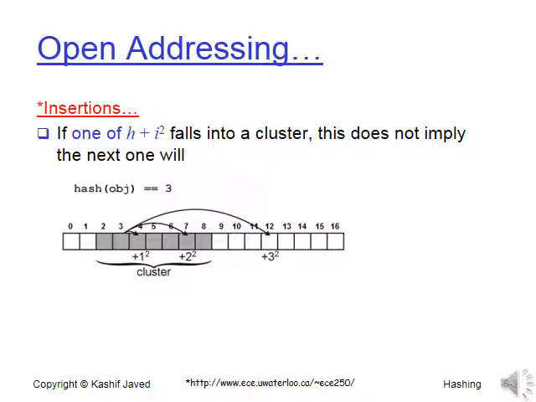Now, taking the same bin 3 example, if your first quadratic sequence falls into this cluster, which will be bin 4, or the next sequence, which will be bin 7, although both are within the cluster range, taking a sequence further will end you in bin 12, which is out of bounds of the cluster.